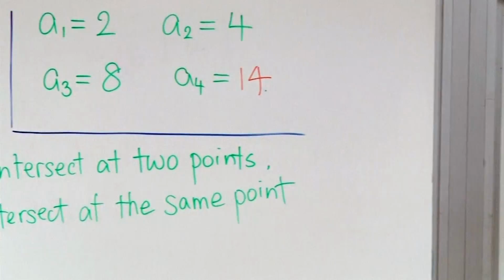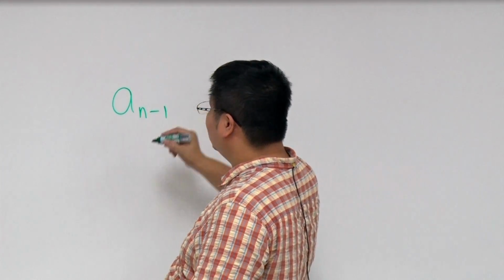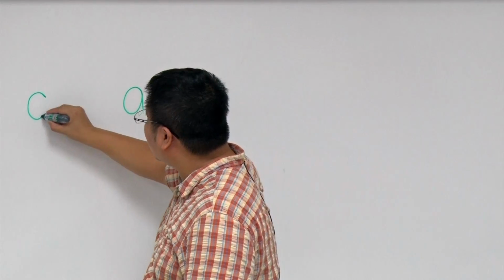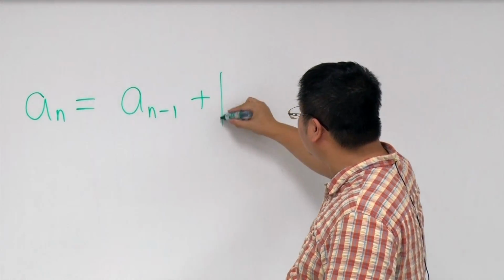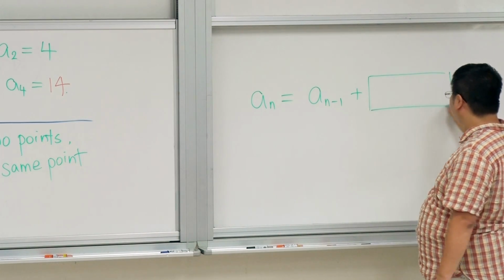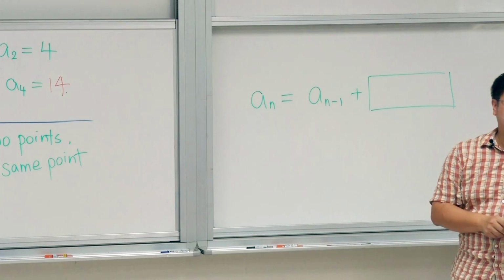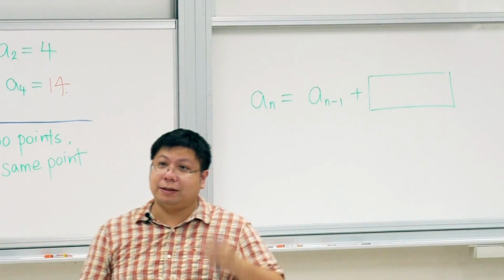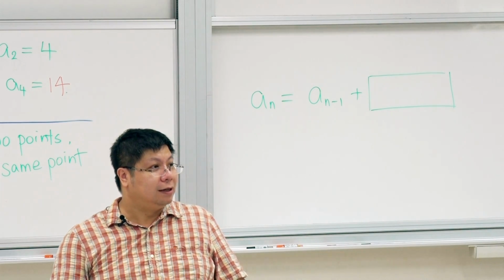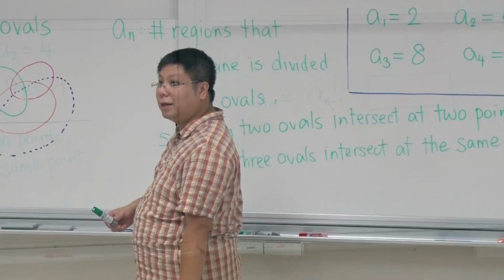So how about this? Suppose that I have a_{n-1}. This is the value of a_{n-1}, and then I want to get a_n. Then I should find out how many new segments will be created by adding the nth oval. Segments come from intersection points, right?